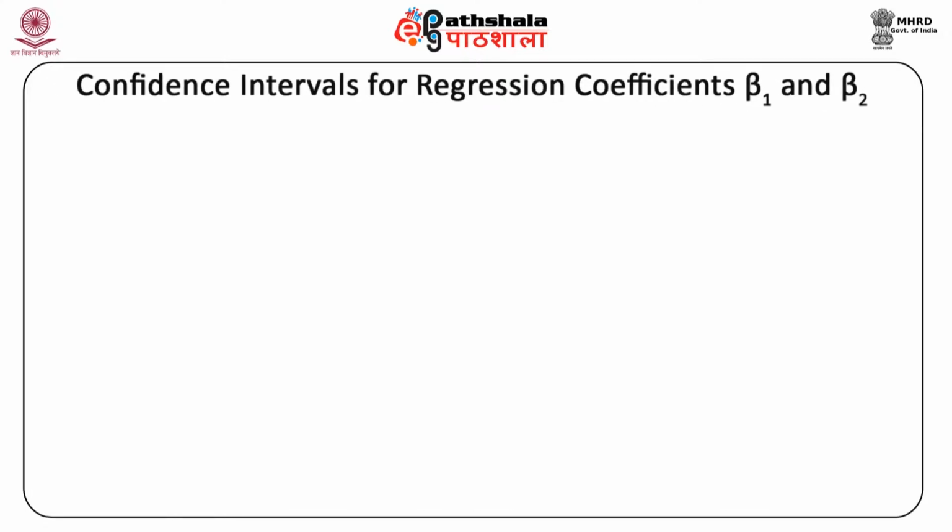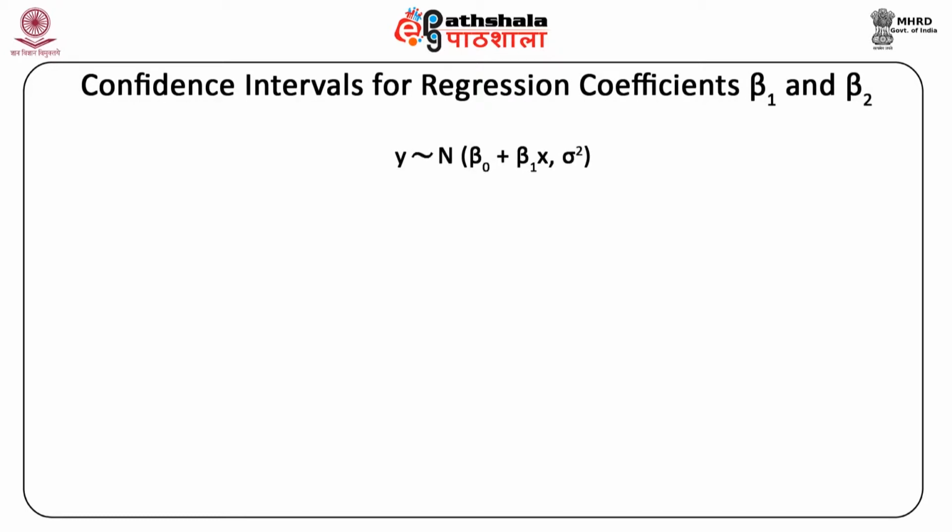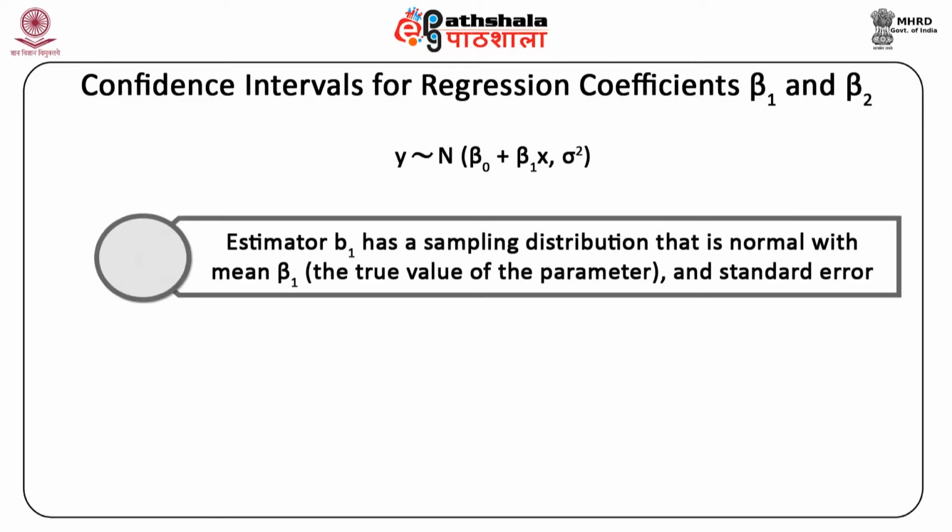Under the assumptions stated previously, namely that y is distributed normally with mean beta 0 plus beta 1 x and variance sigma square, our estimator b1 has a sampling distribution that is normal with mean beta 1, which is nothing but the true value of the parameter, and standard error defined as sigma divided by the square root of the summation of xi minus x bar square, where the summation is over 1 to n.